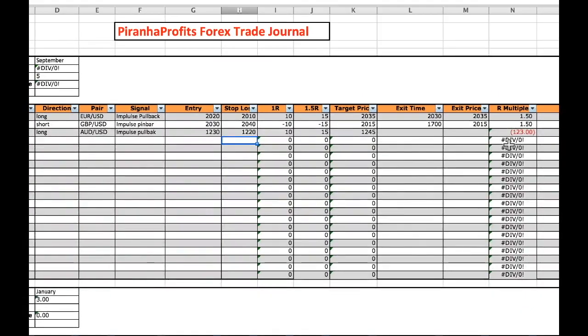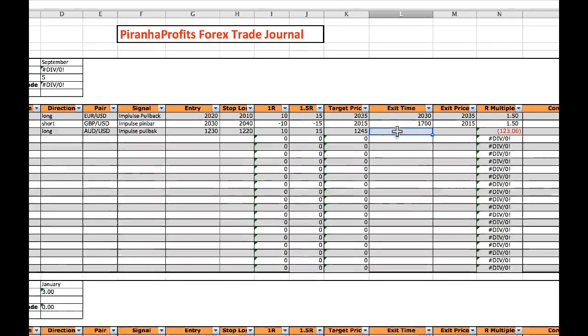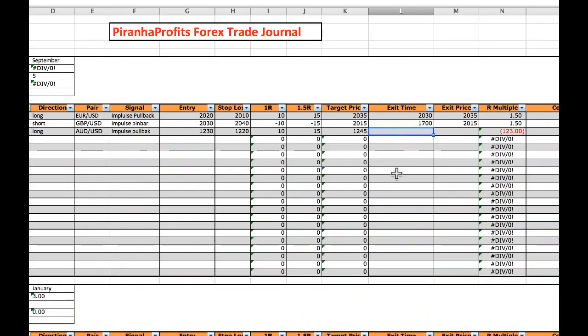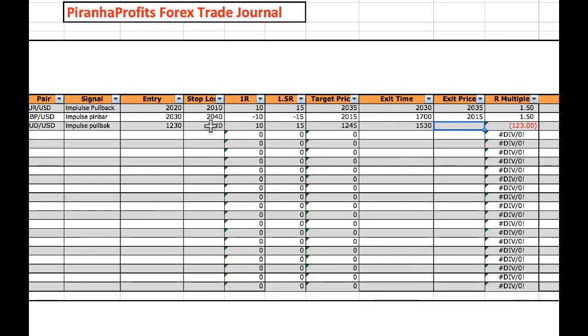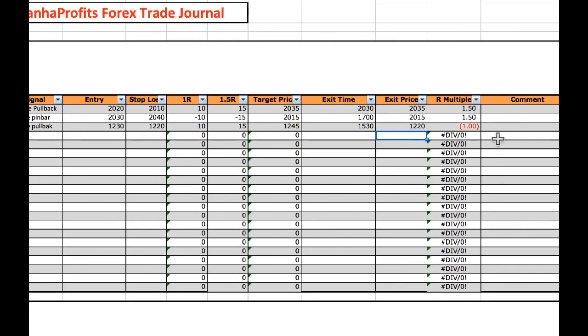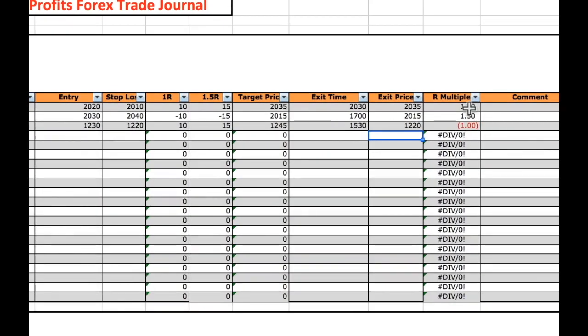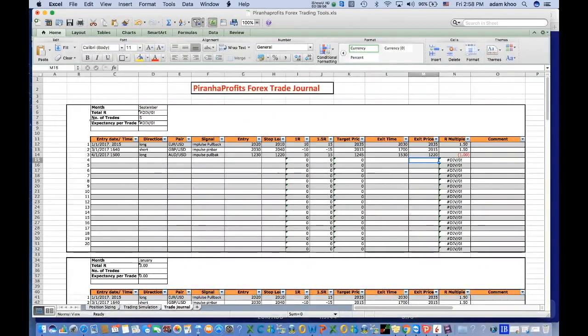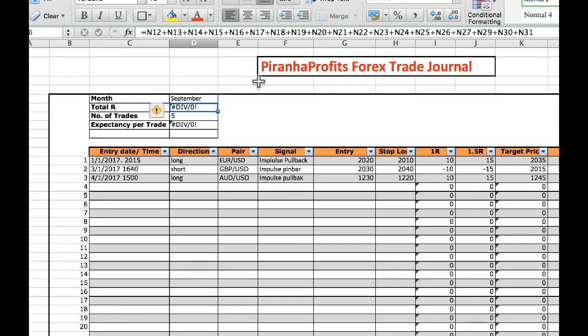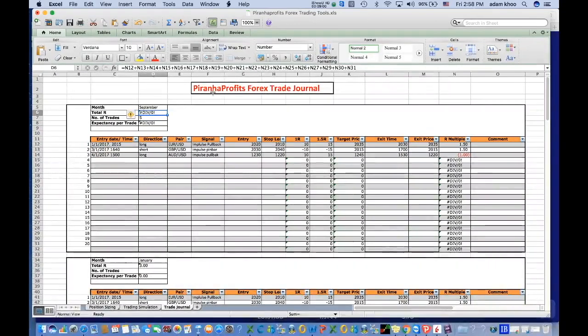Okay, and if you exit at, say, 1530, and you exit at a stop loss, that means you exit at a loss at 1220, boom, you get -1R. Okay, so as you trade, you get 1.5, 1.5, -1, -1, 1.5, and at the end of the month, you have your total R.